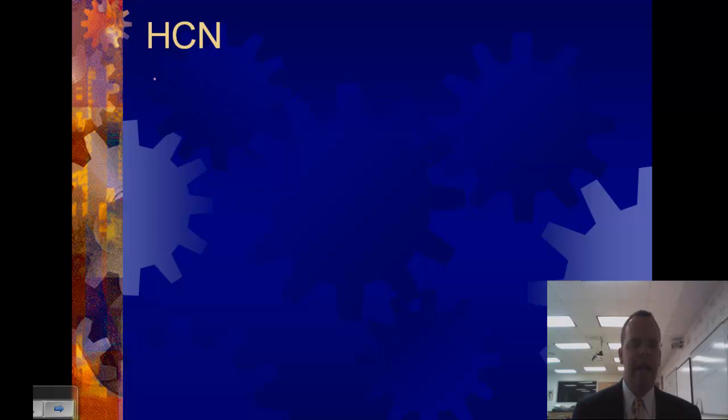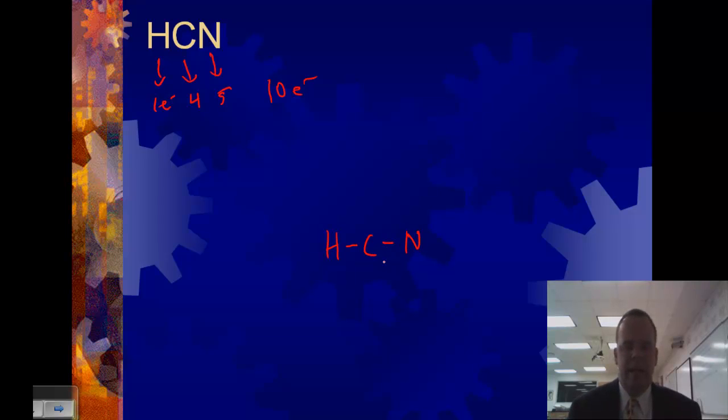And one final one, let's look at HCN. H has 1 electron, carbon has 4, nitrogen has 5, so we're going to have a total of 10 electrons. If we bond hydrogen to carbon to nitrogen, that takes 2, 4, you could put 6 and 8 on top of the carbon, then that'll leave us with 2 on nitrogen, which wouldn't work.